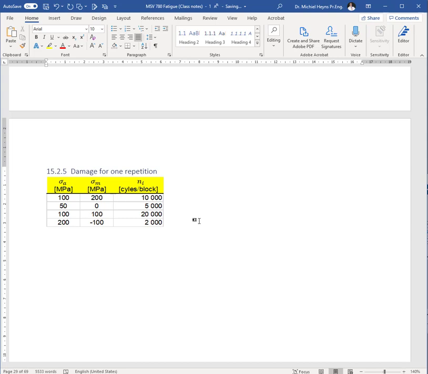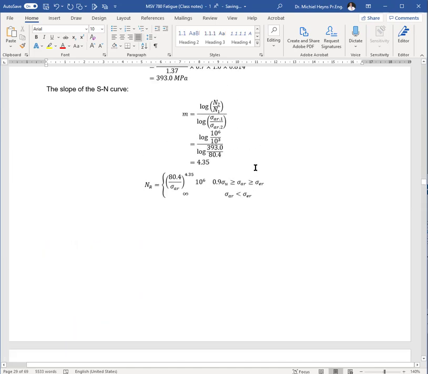Now, the first thing we need to do is, we already have the SN curve that takes into account all the factors that are applicable.